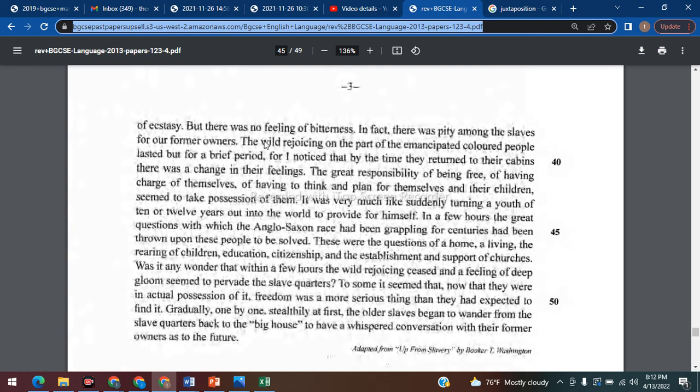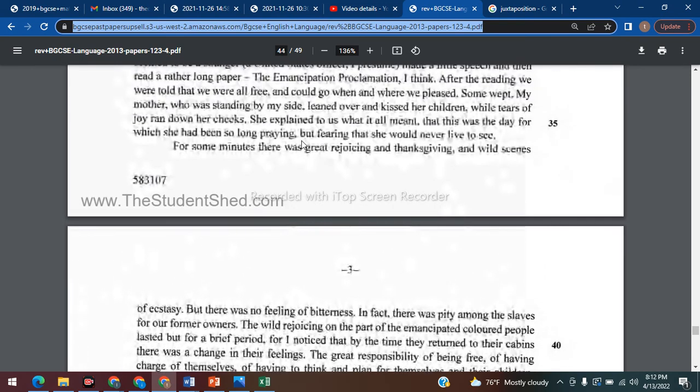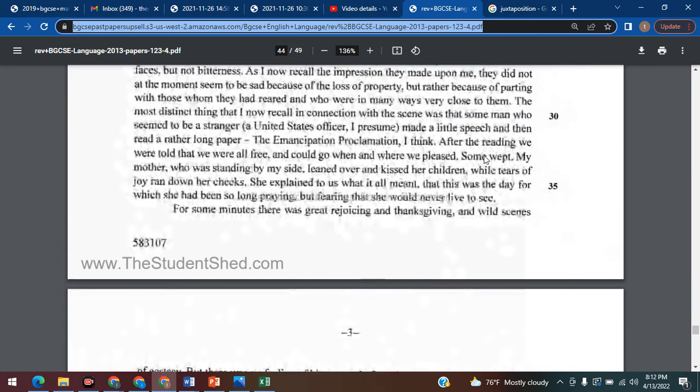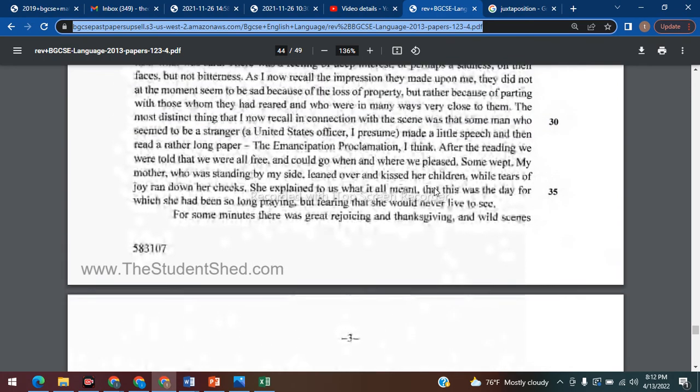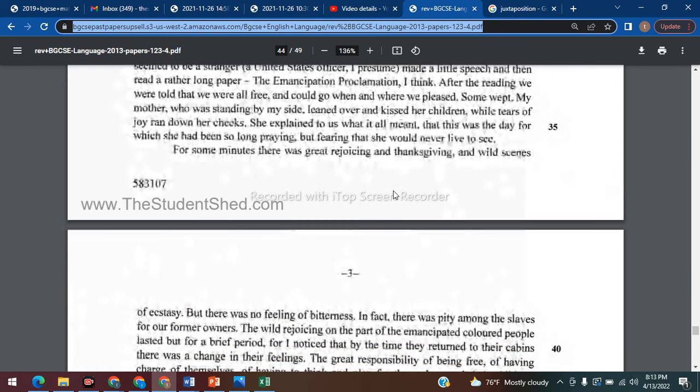So it was wild rejoicing, it was ecstasy. Great rejoicing, wild scenes of ecstasy, right? And then after that, we see the contrast between what they previously felt and what they currently felt. All right.